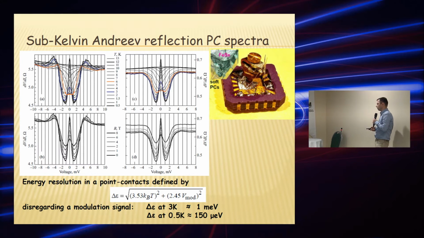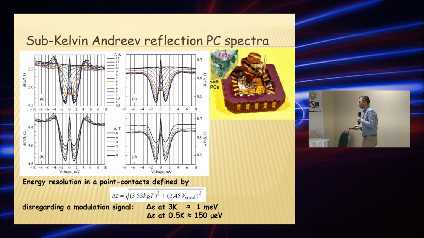But when we go to lower temperature, into the sub-Kelvin region, our energy resolution improves 10 times. So what we did, we found a place where we can take our sample, glue the contacts to it, and cool it down to the temperature we desire.